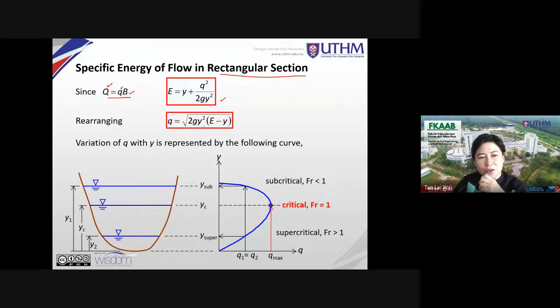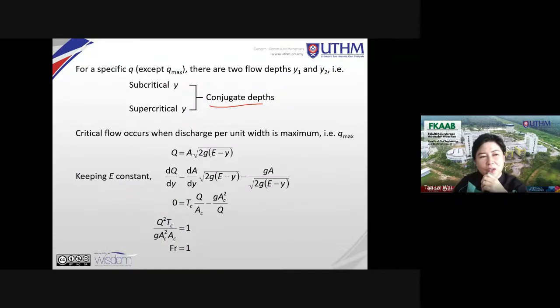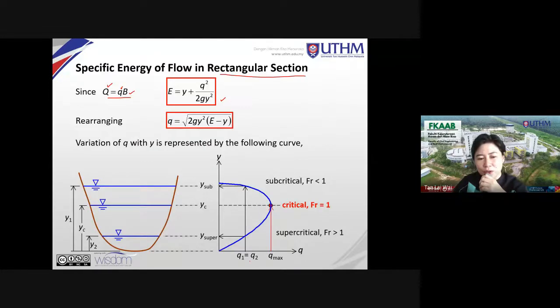Therefore, we actually have two sets of depth of flow as well. So this is known as conjugate depths. You are going to have subcritical and supercritical flow at any q. That means one is subcritical and the other one is in supercritical state of flow, right?